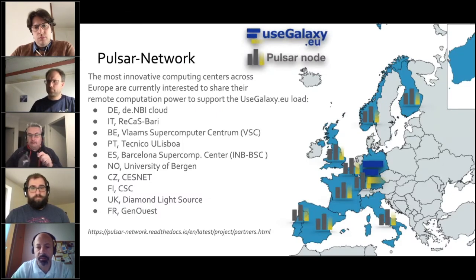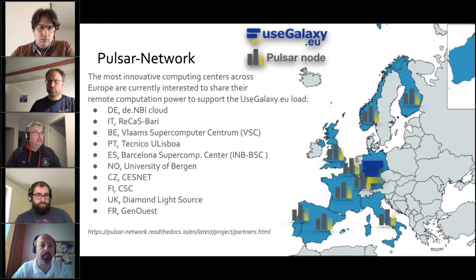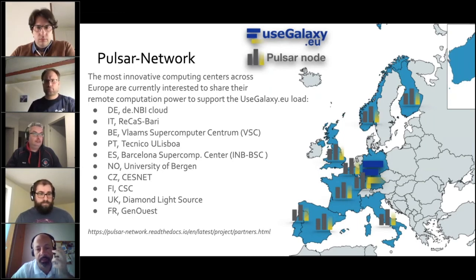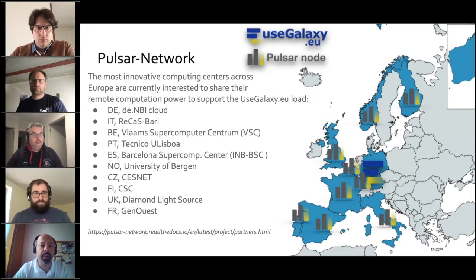So with this open infrastructure in place, with all the resources provided by DEMBI that were appropriate for us, we started last year to ask ourselves how all these resources will scale in the future, and so we decided to work on what we call the Pulsar network, a way to aggregate more computational resources from different computer centers across Europe.